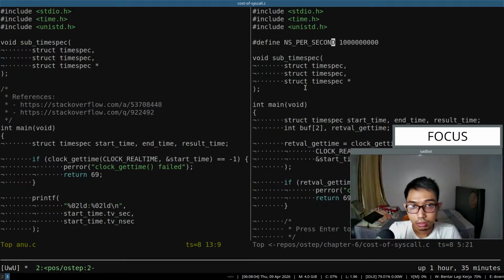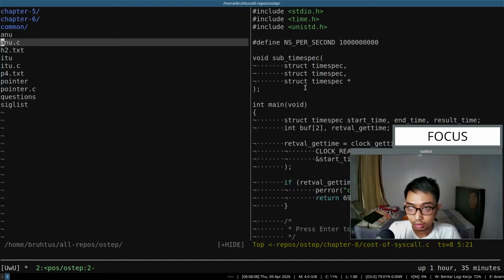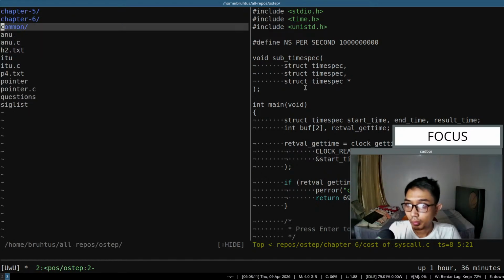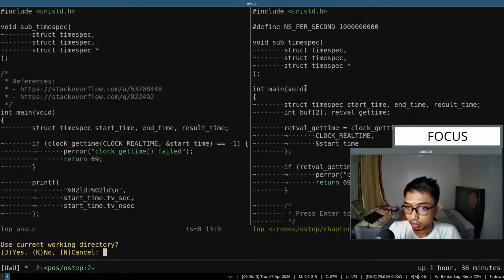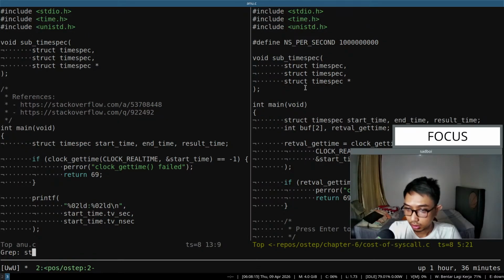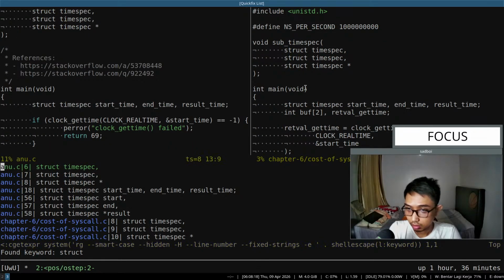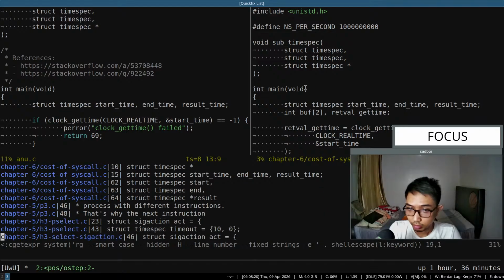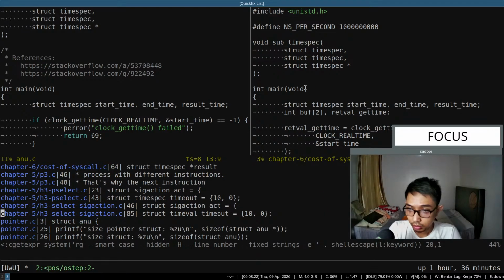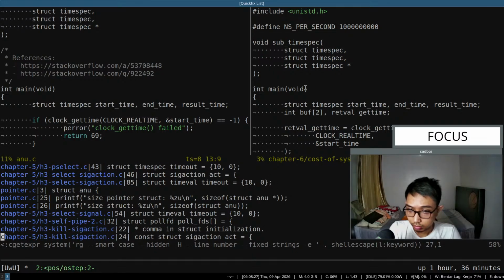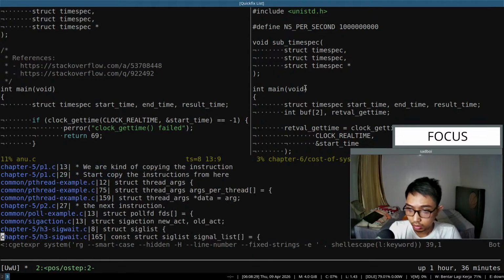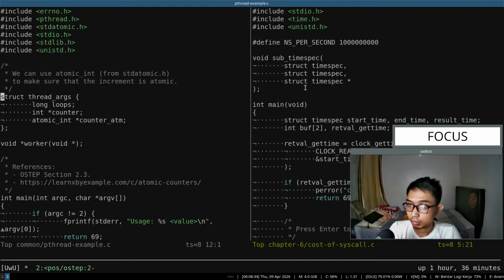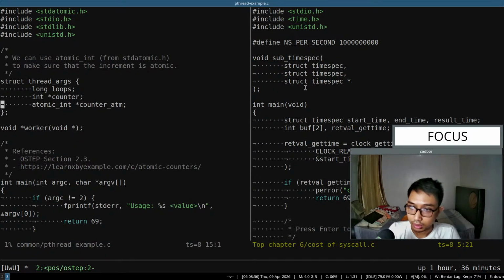But can we do that in struct? Not that one. I think this one. Oh, right, I forgot.